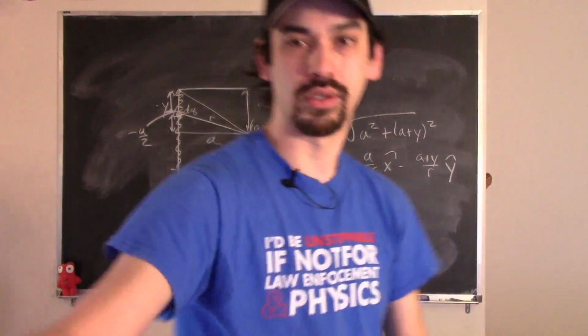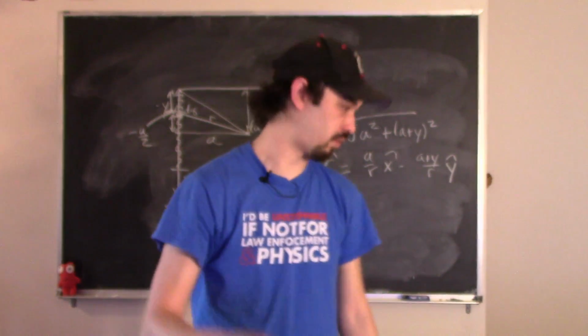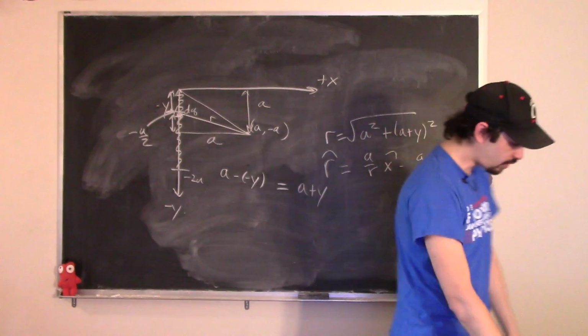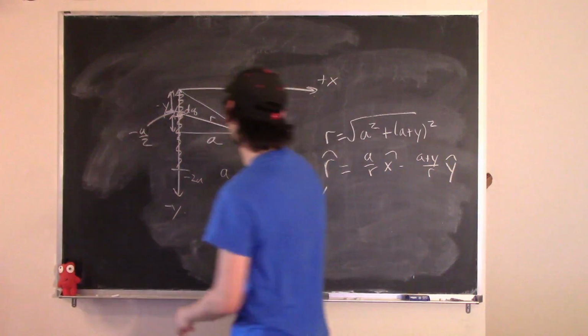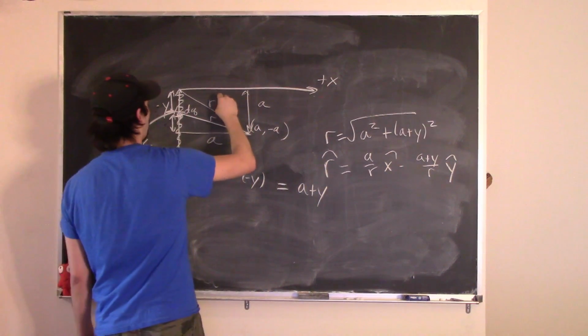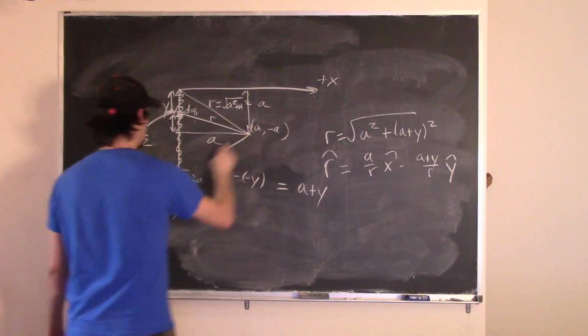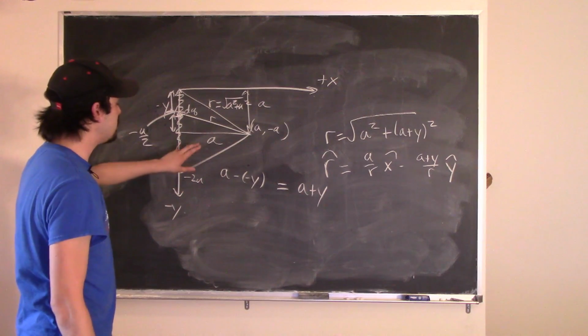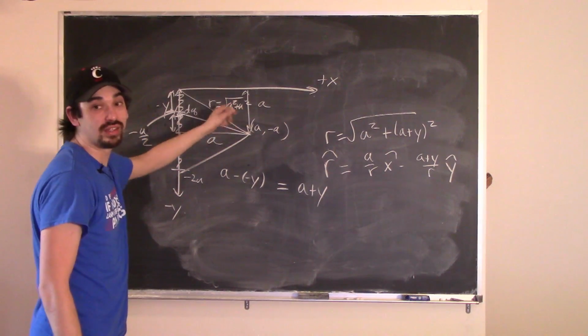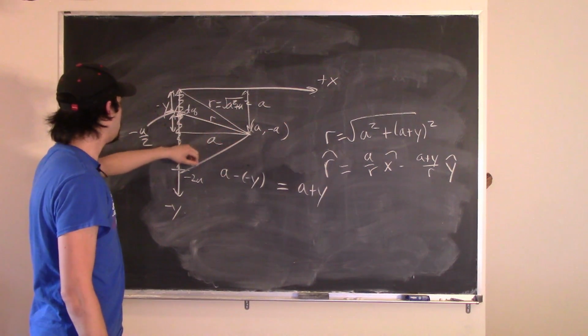But the thing to take away from this, to answer some of the questions that you guys were having about why isn't this r is equal to the square root of a squared plus a squared, is that it's not always that distance, right? It varies.